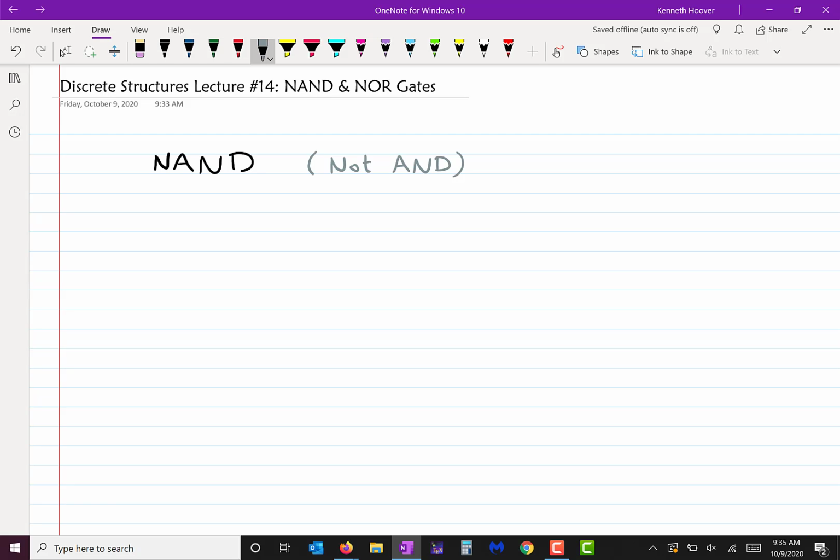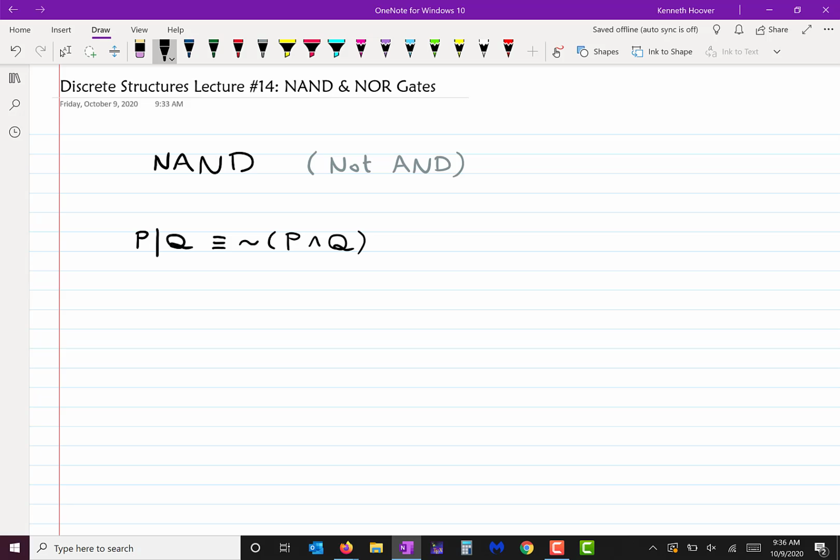Okay, what it means is, for instance, the negation of P and Q. There's a symbol that you can use to stand for that, and the symbol is a vertical bar between P and Q, like that. Okay, that means the negation of P and Q.